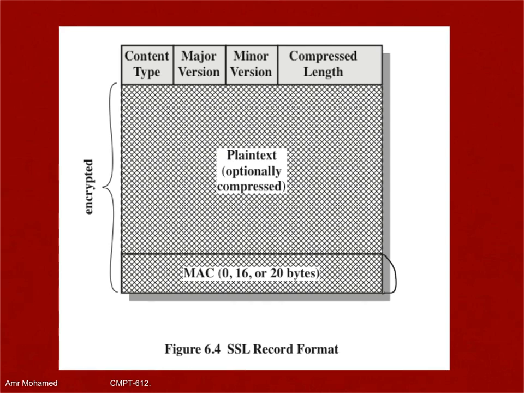The last byte here is the padding length. It's 1 byte, so it can be from 0 to 255. Then this is the padding, which can be up to 255 bytes.